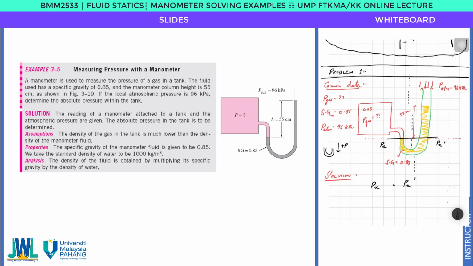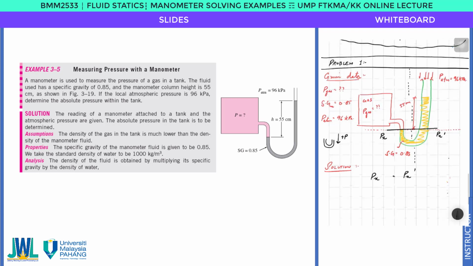So let's see what we have on the left hand side. On the left hand side, we only have, from here to here, P gas. So we write P gas. That's it, there is nothing else. And on the right hand side, we have got number one, P atmospheric.